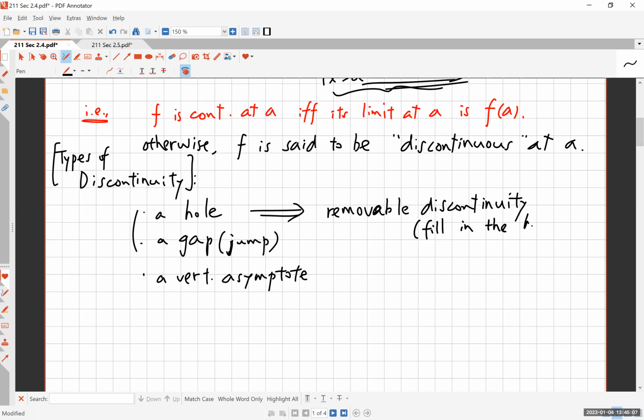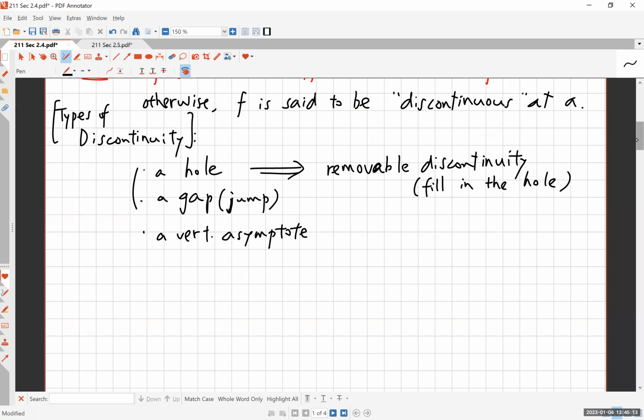The other discontinuities are harder to remove, and in fact, they are sort of impossible to make continuous. So these are non-removable discontinuities. You can classify just by looking at the graph which one is a removable discontinuity, which one is the gap, and which one is the vertical asymptote. So that's one thing.